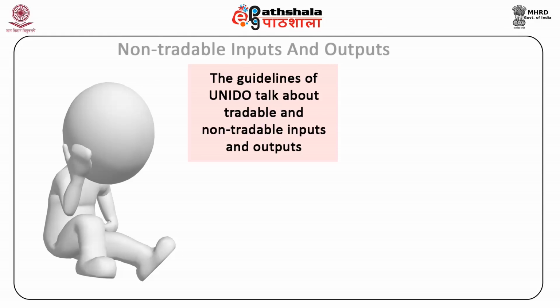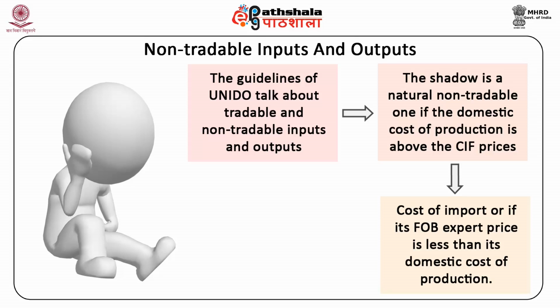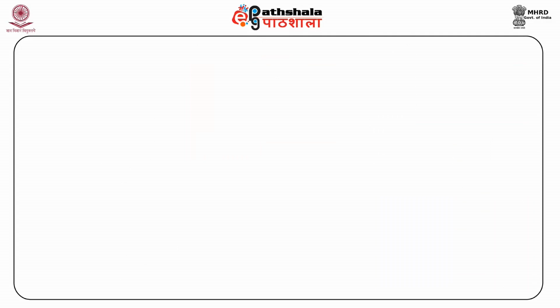The guidelines of UNIDO talk about the tradable and non-tradable inputs and outputs. The shadow is a natural non-tradable one if the domestic cost of production is above the CIF prices, that is, the cost of import, or if its FOB export price is less than its domestic cost of production.